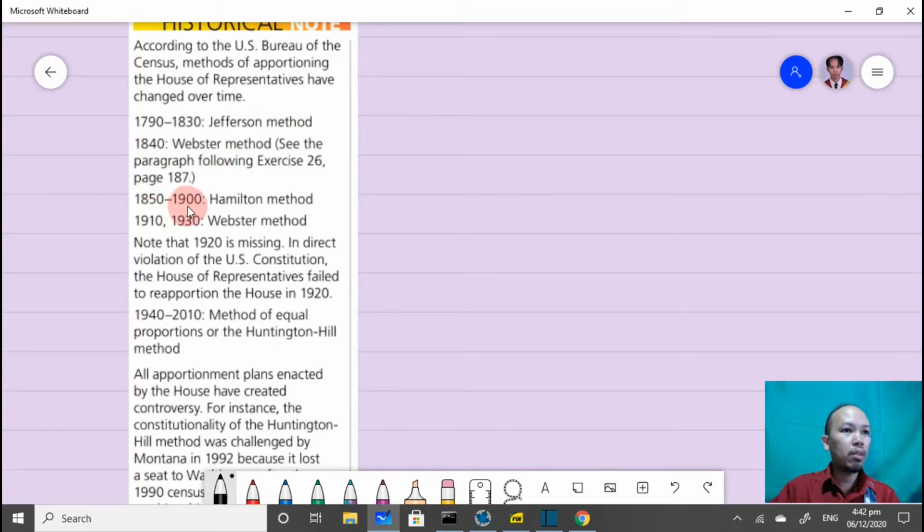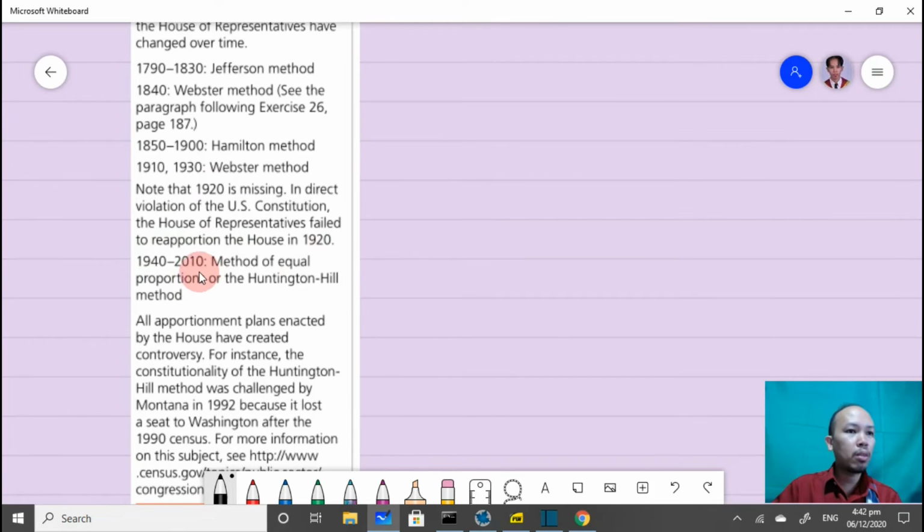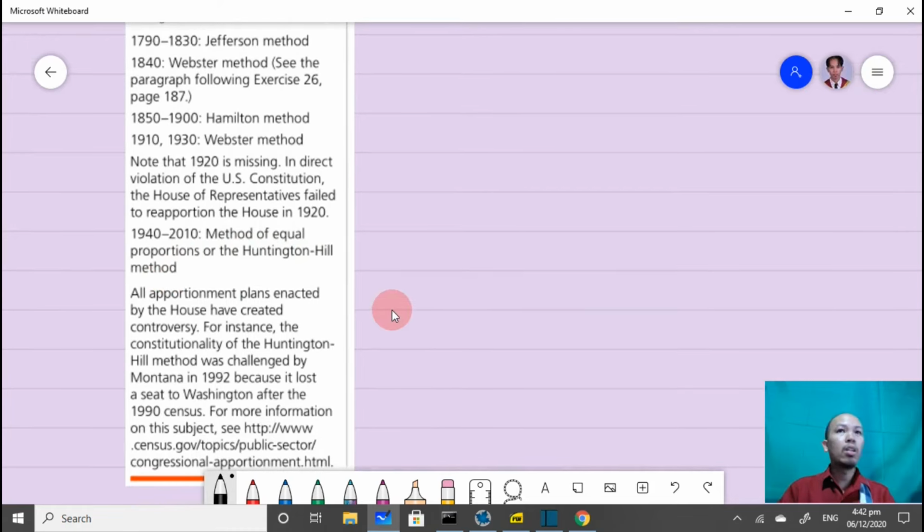From 1850 to 1900, we have the Hamilton method. 1910 to 1920, and 1930 they used Webster. And 1940 to 2010 is the method of equal proportions, or the Huntington-Hill method. I don't know the latest, from 2011 to 2020, what method they use.